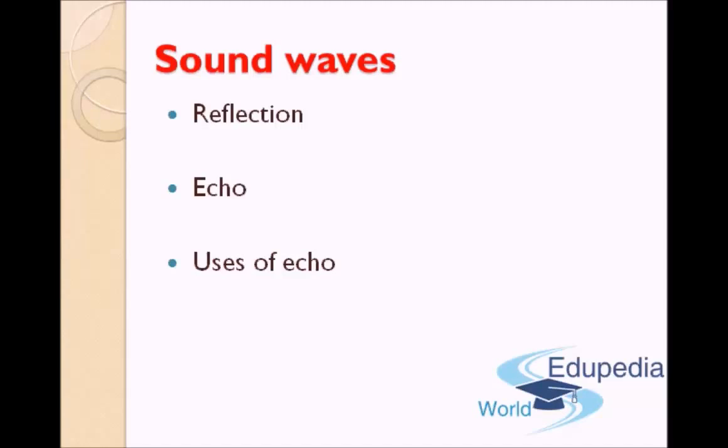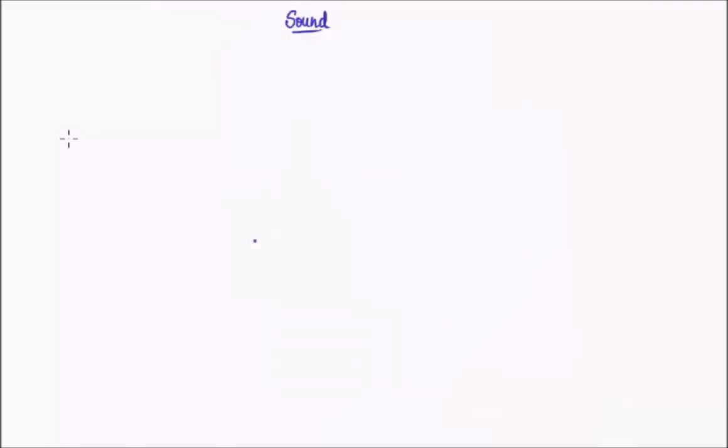So let us see. Similar to the reflection of light, sound also shows the property of reflection. Sound follows all the laws of reflection, and the only constraint during reflection of sound is that the thing from which sound is reflected should be sufficiently large, larger than the wavelength of the sound.